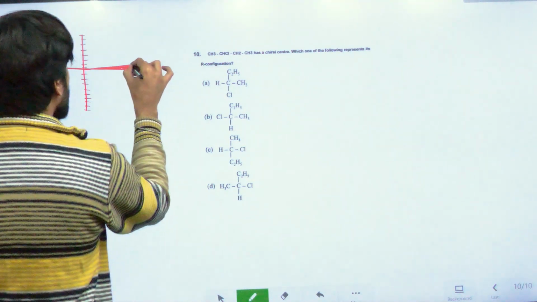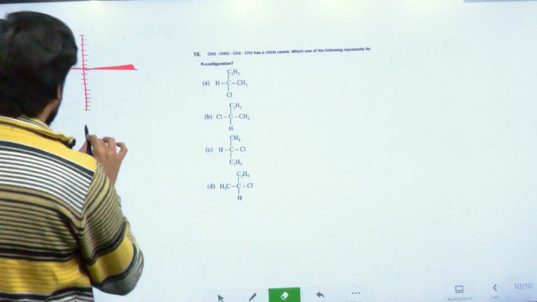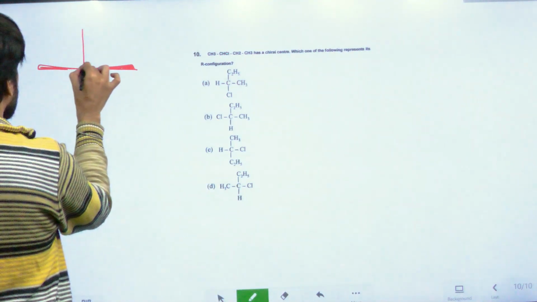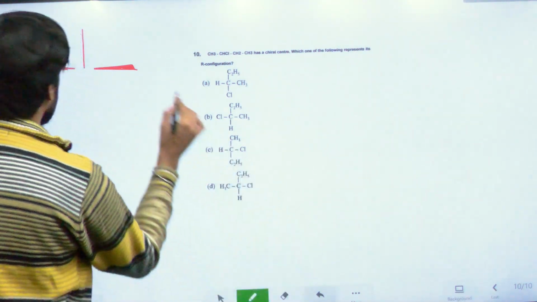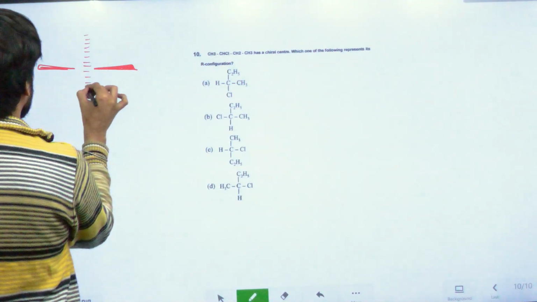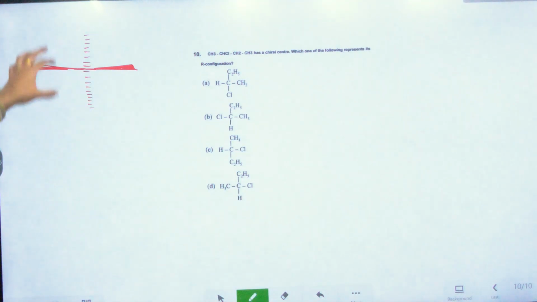Now, let me write it in this way. So this is how the Fischer projection formula is written.